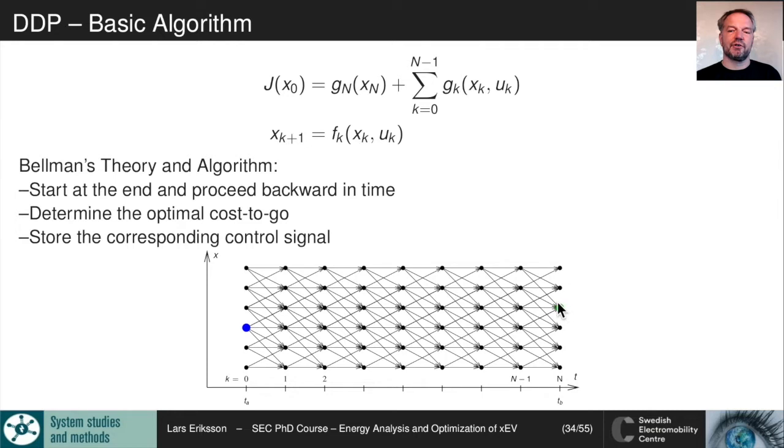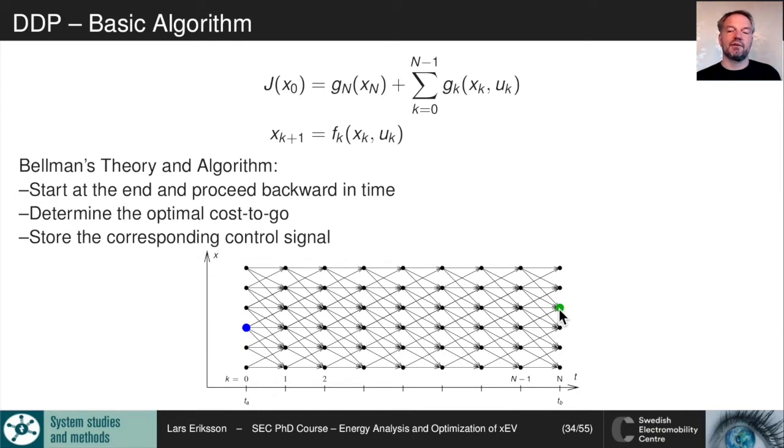So for example, we start here in this given point. We know that this is where we need to be. And then since we know that this is where we need to be, these guys here might be set to infinite values, or these two in terms of state of charge might be okay, but we have then regenerated too much electricity. But this is where we should be.